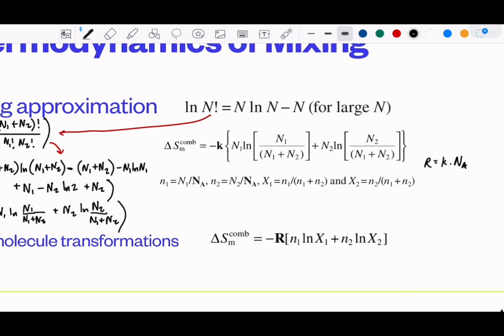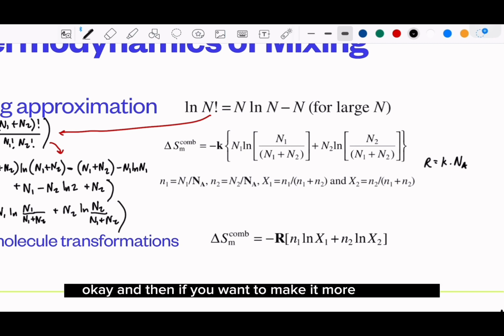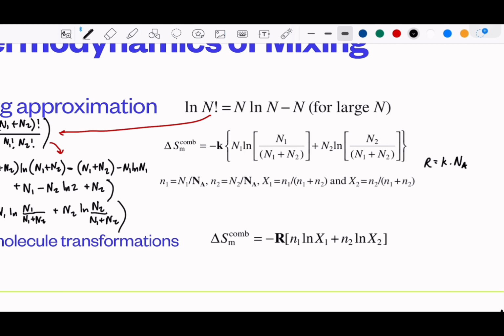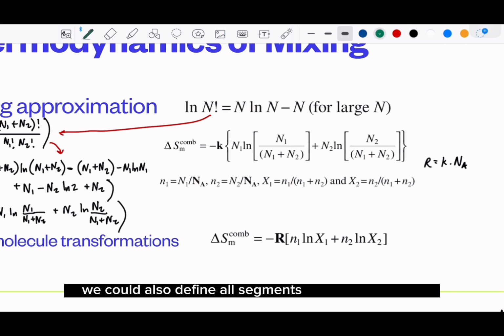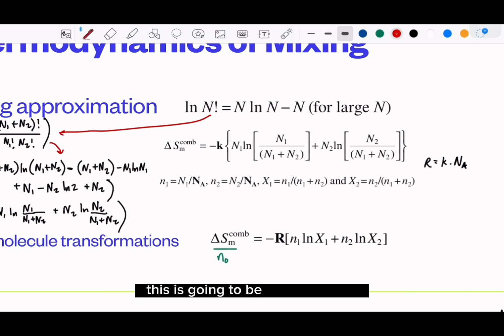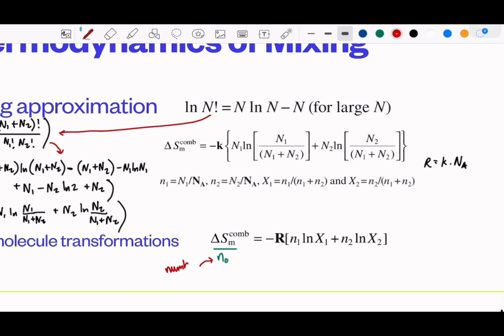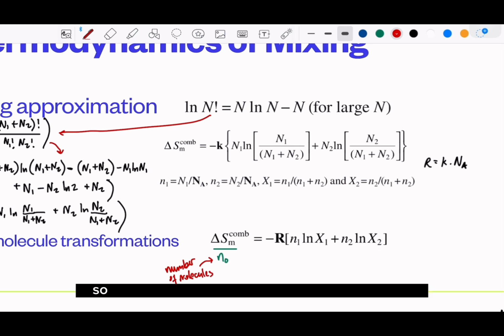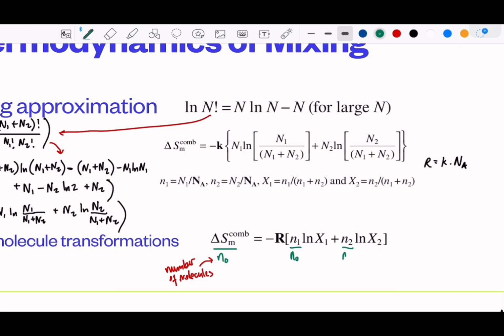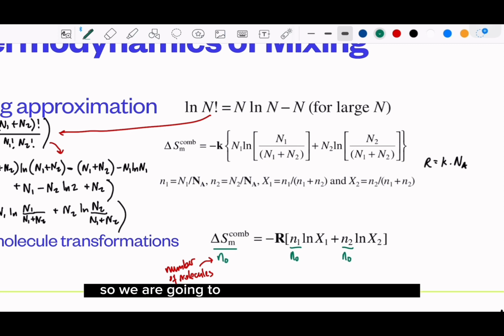And if you want to make it more simplified, we could also divide all segments by N0, which is the number of molecules. So we are going to have this equal to x1, this x2.